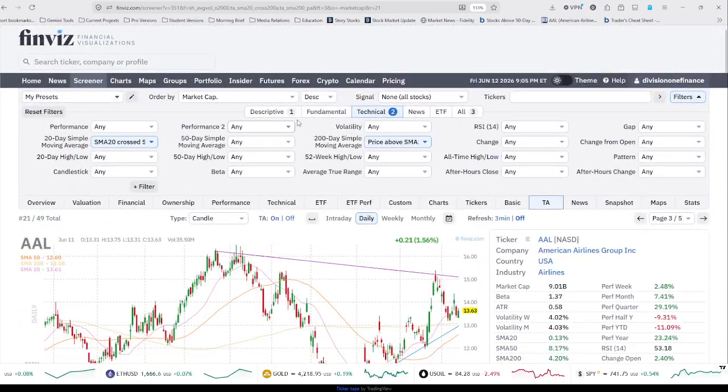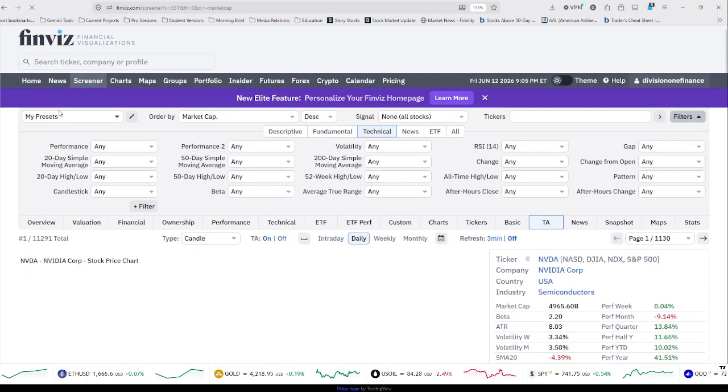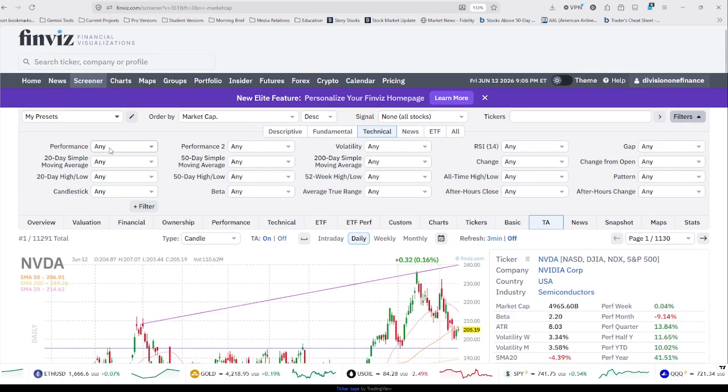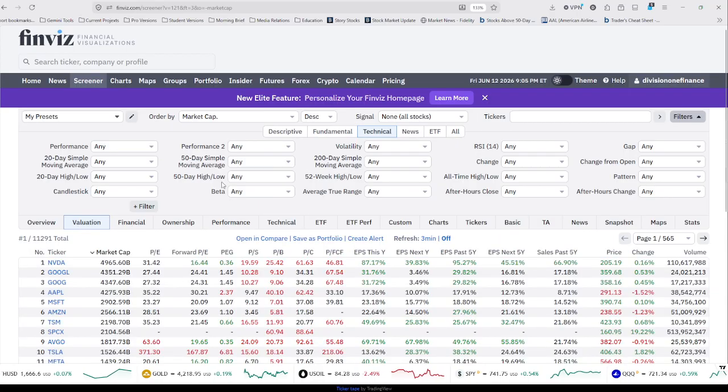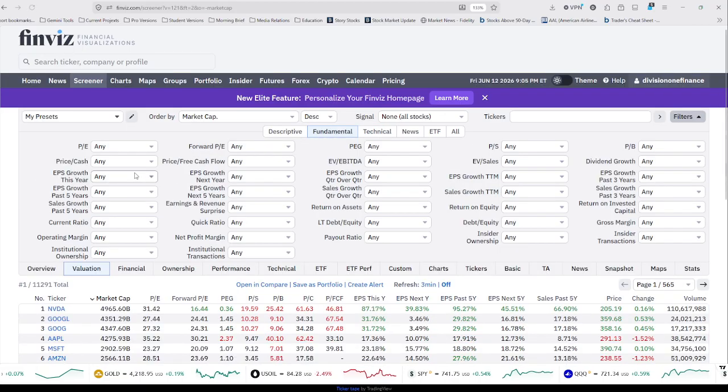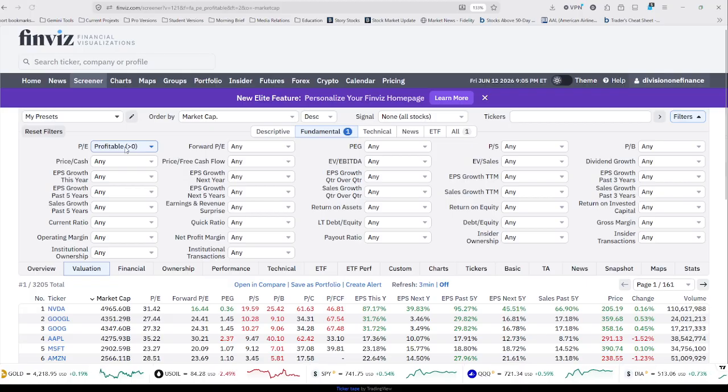So let's start off with our screener here. Let's reset all the filters. Let's go to the valuations tab. But actually, let's go to the fundamentals tab first. You guys learned this, I think almost day one: screen away the weak companies first. So we need a profitable company.